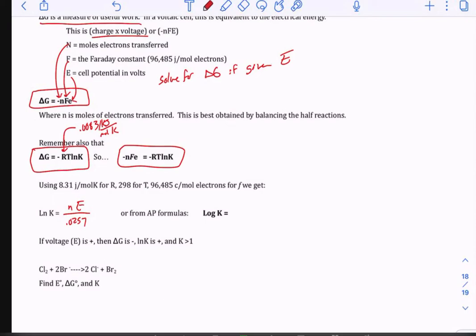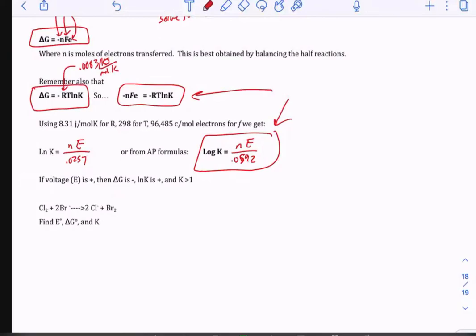However, on your AP formula sheet, what you're going to see is this, and it's just using base 10 instead of base e. This is the form that I would recommend, because that's what you're going to see on the AP test. But whichever formula you decide to use, it's a matter of convenience based on the numbers that you currently have in the problem. They both work. One is just partially rearranged for you.